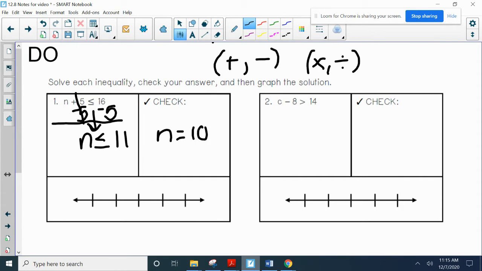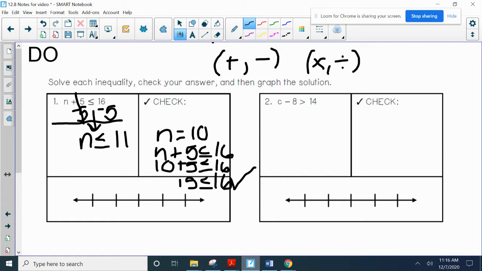Yeah. So we're going to go ahead and say n plus 5 is less than or equal to 16. We chose 10 to be our n, so 10 plus 5 is 15. Is 15 less than or equal to 16? Is that a true statement? Yes. So we did it right.